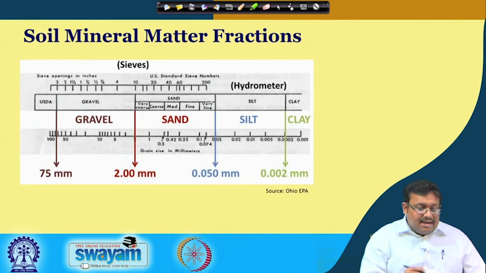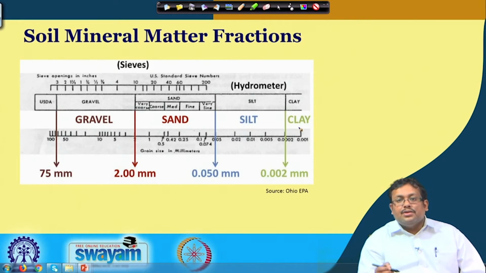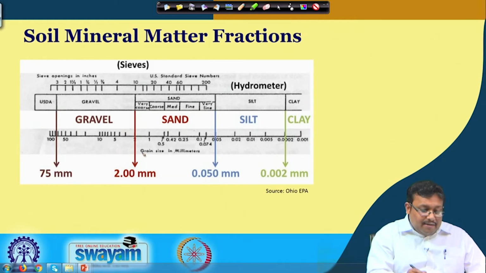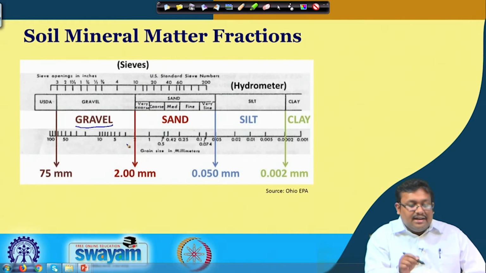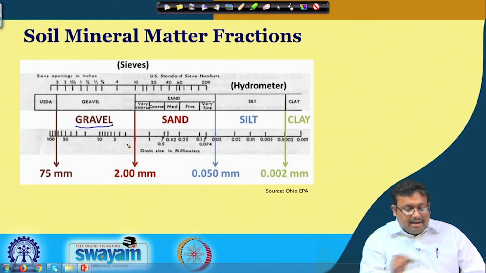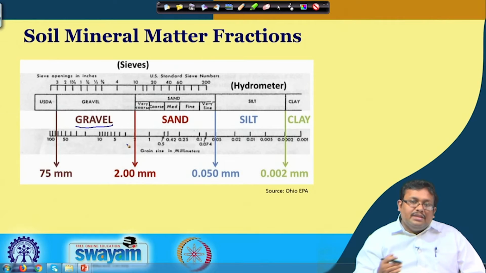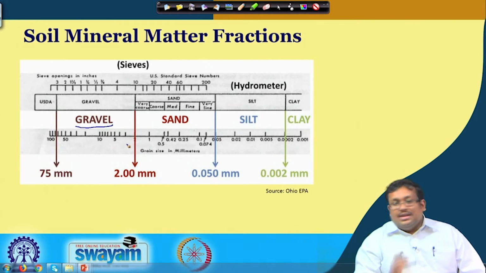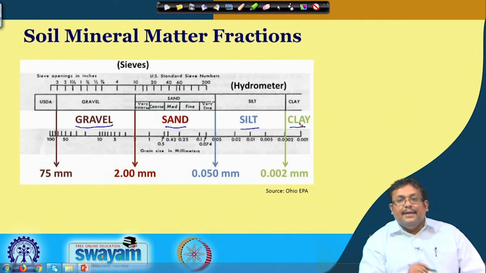For example, in the size distribution here, we can see gravels, sand, silt and clay based on their particle size diameter. However, gravel technically does not come under the soil definition because it has a particle diameter greater than 2 millimeter. The fraction below 2 millimeter is again differentiated into three major categories: sand, silt and clay.